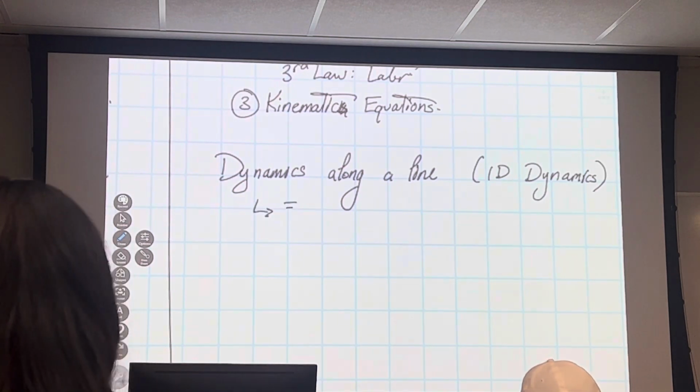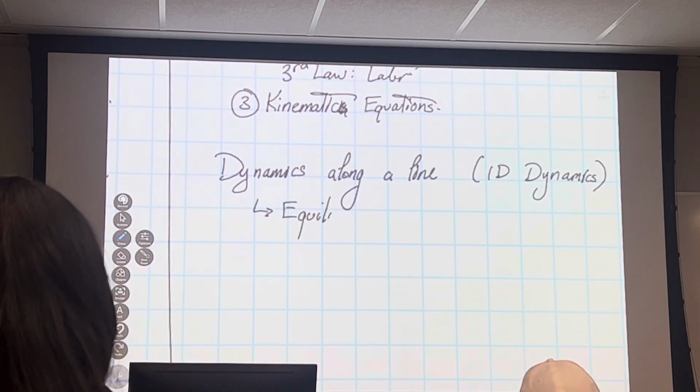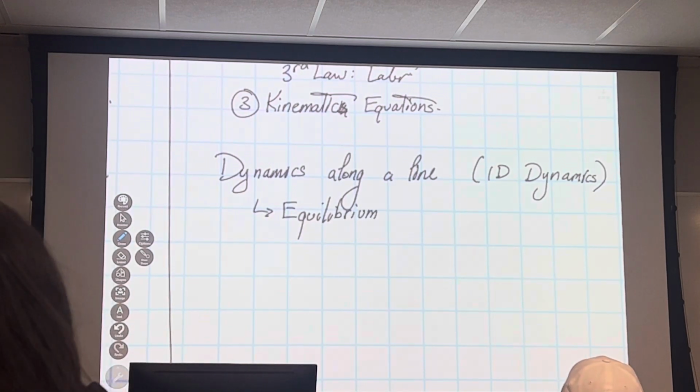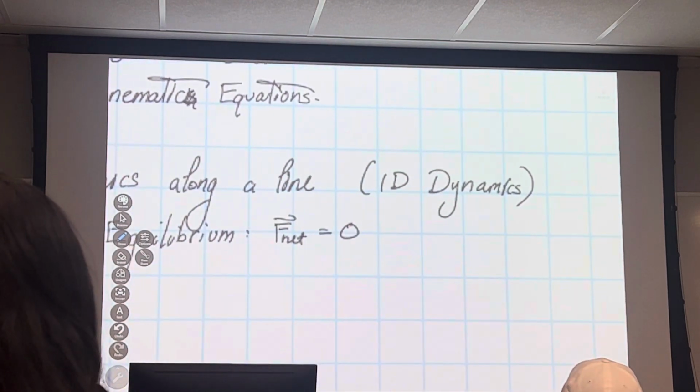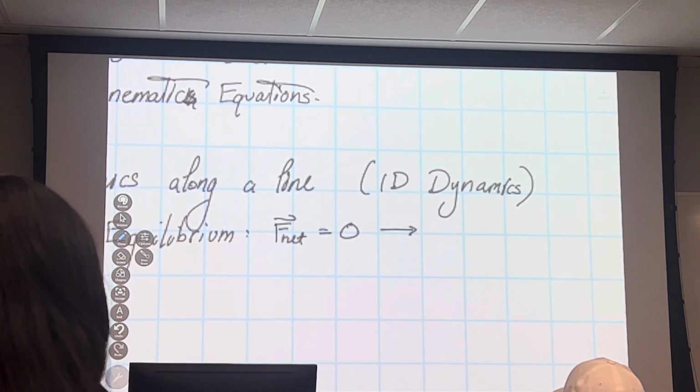Before we get to those examples, let's recall this concept of equilibrium. That condition is when the net force is equal to 0. So if the net force is equal to 0, then you get what is called, more specifically, mechanical equilibrium.